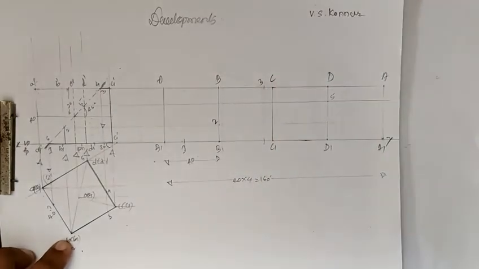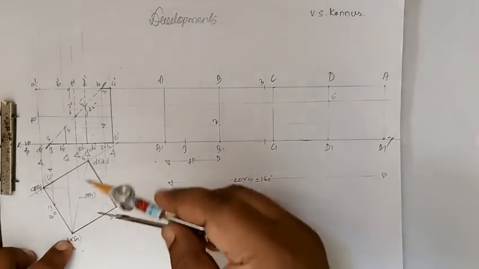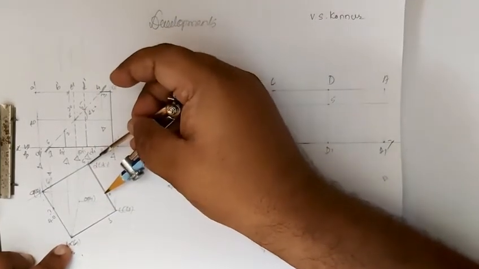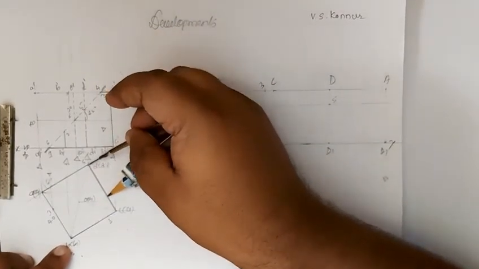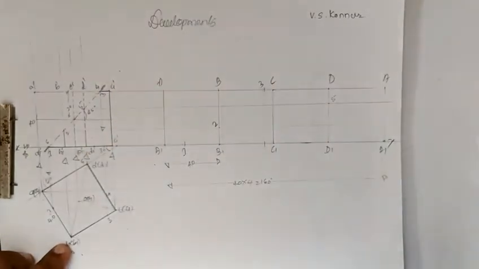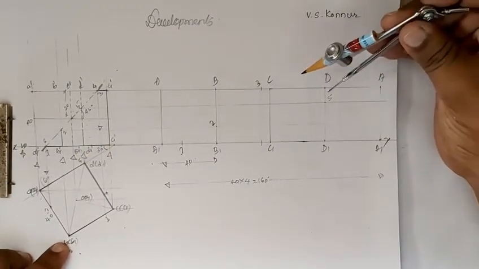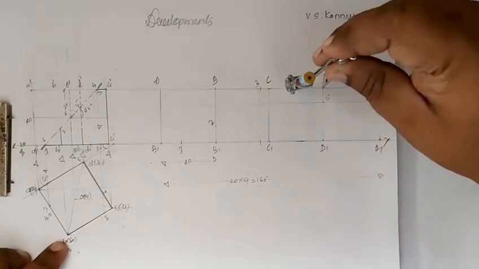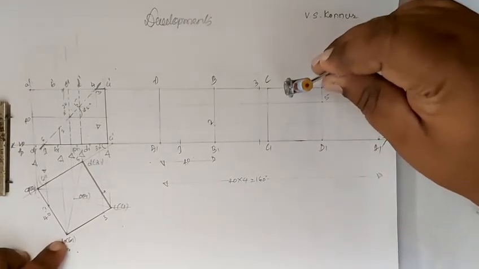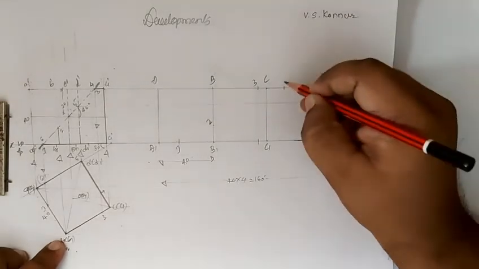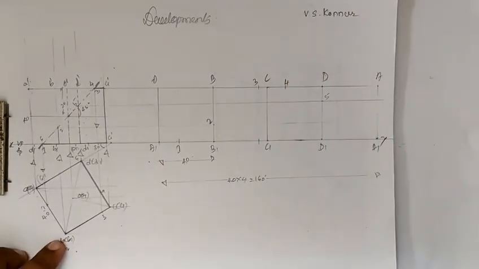And next, the fourth point is also on the top face. So from D1 I will take the distance, right, from D1 I have taken. So from D1 I will cut. Right, now this point is the fourth point, then the fifth point and the sixth point.